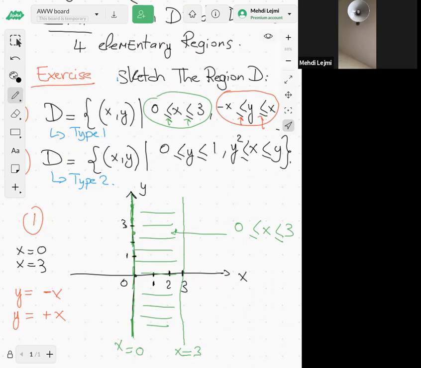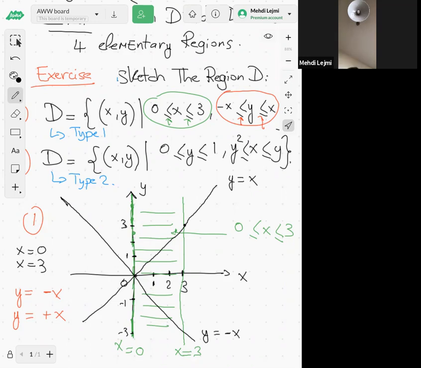So y equals to x is this diagonal here. Then there's y equals to minus x, which goes through negative 1 and negative 3 here.